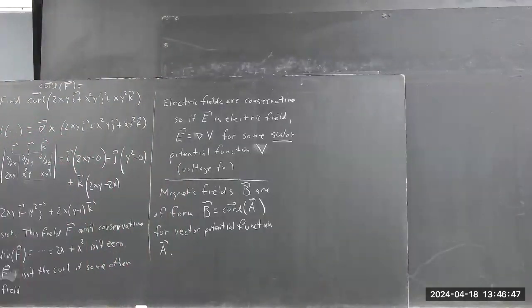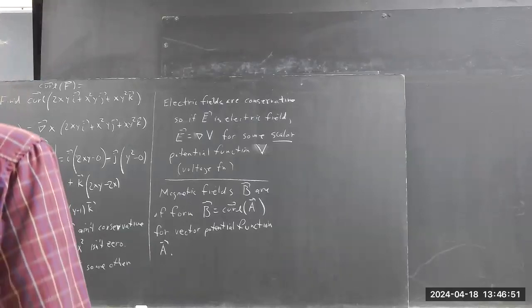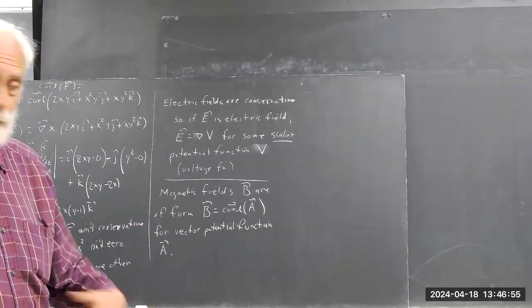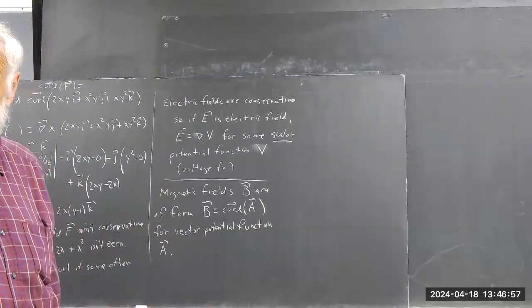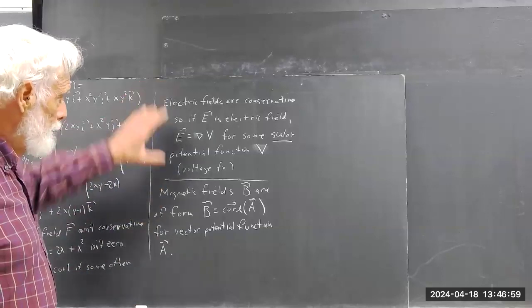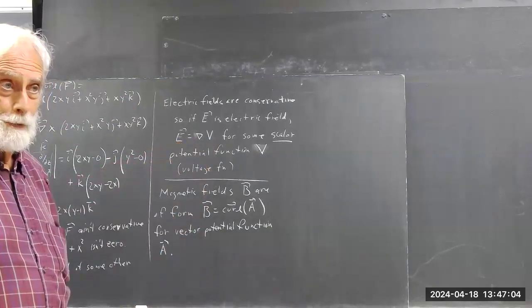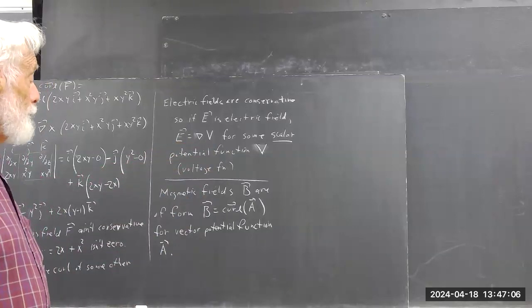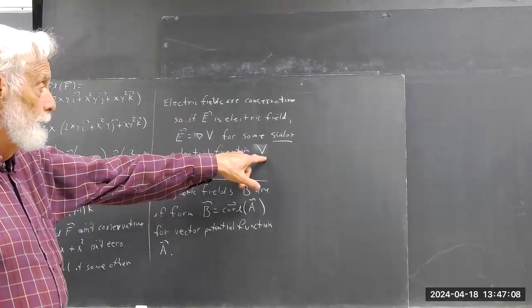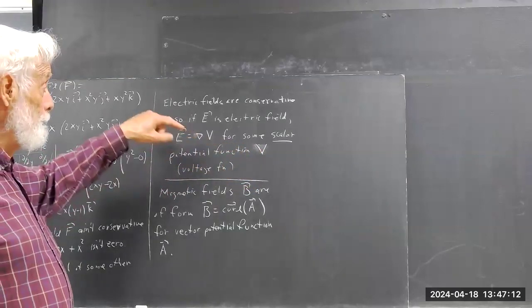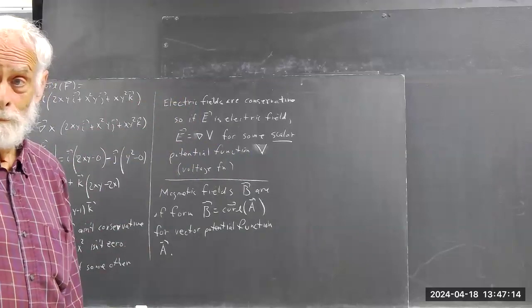Now it's just worth thinking about the logical relationship between this statement and this statement, whether you know anything about electricity and magnetism or not, to understand why we call this a vector potential and this a scalar potential. Electric fields being conservative, we can always find your scalar potential function by integrating your electric field.